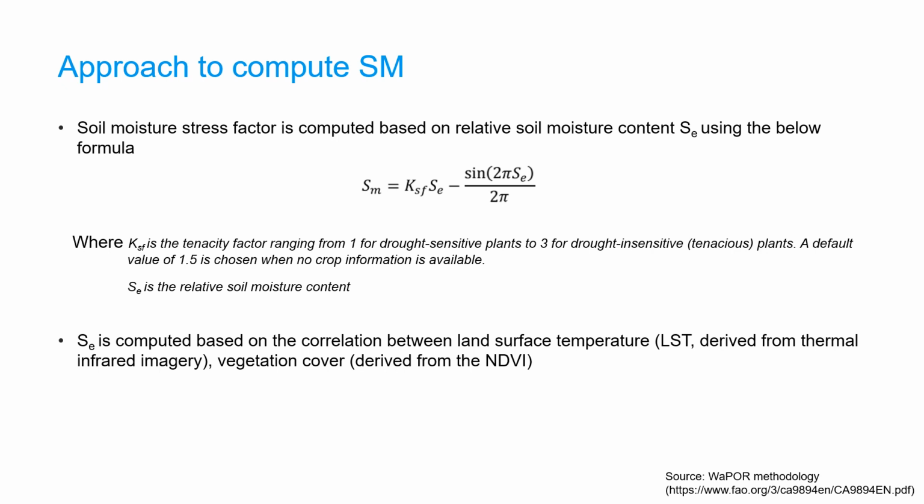One is KSF, which is a tenacity factor ranging from 1 for drought sensitive plants to 3 for drought insensitive plants, and SC, which is the relative soil moisture content. The variable SC is computed based on the correlation between land surface temperature and vegetation cover over a trapezoidal model.